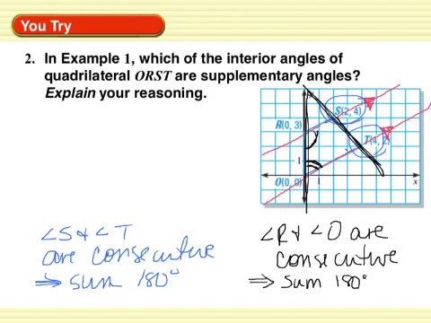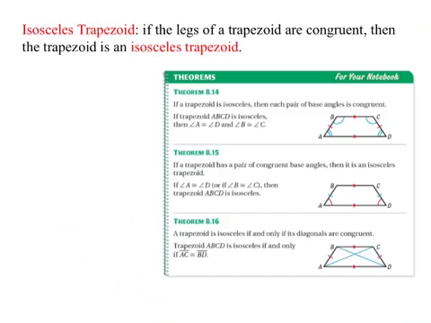So RS, I made the red line. It's parallel to OT, which is also a red line, and then the black lines are transversals. So I was able to mark the consecutive angles, and you have to remember from earlier this year that consecutive angles are supplementary because you can add them up to be 180 degrees.